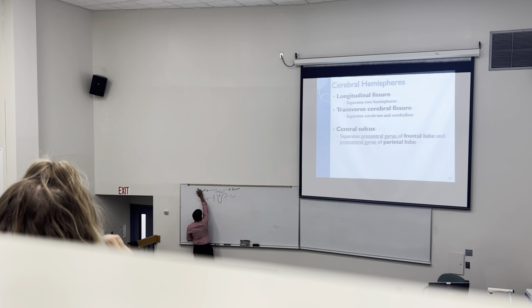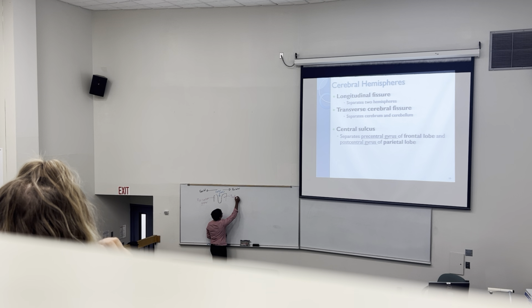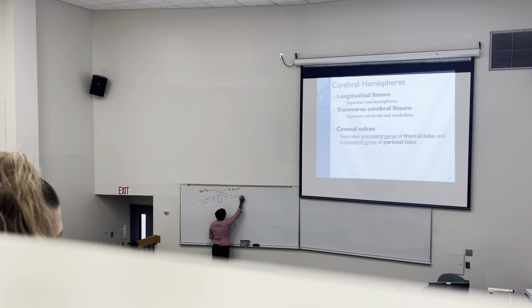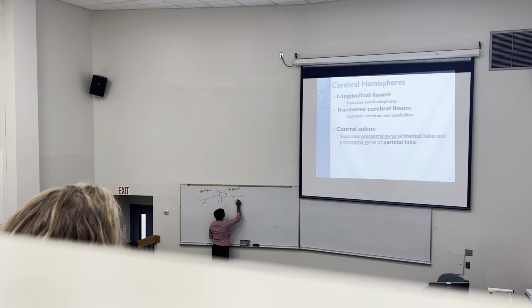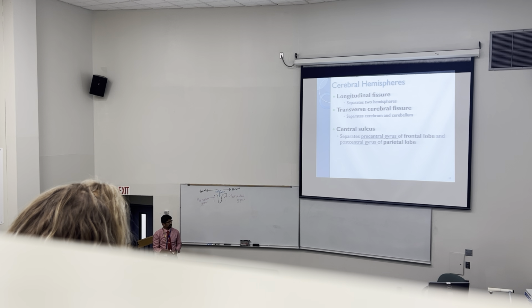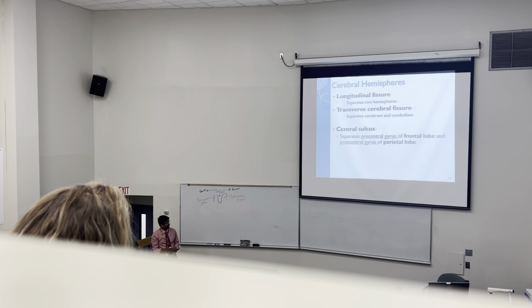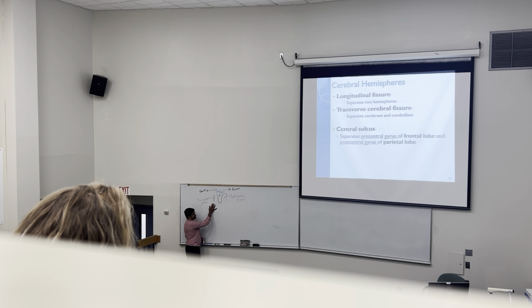This is the anterior frontal lobe, and this is posterior. They have very distinct functions, very important. This one is for motor, and this one is for somatosensory.